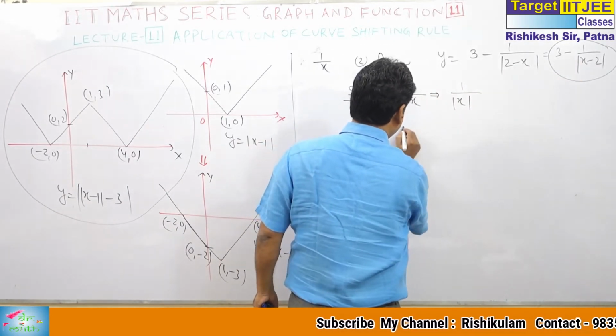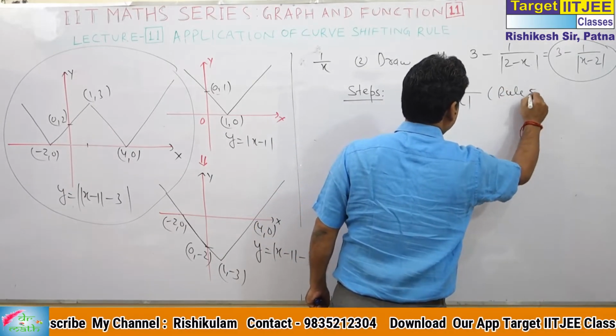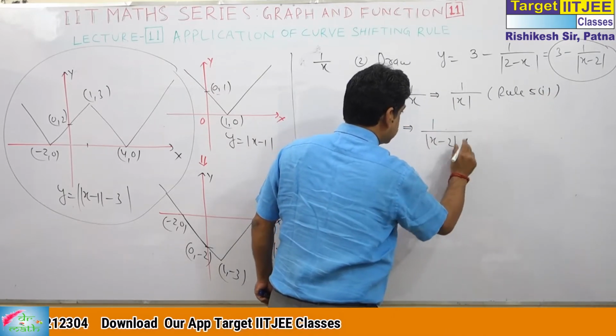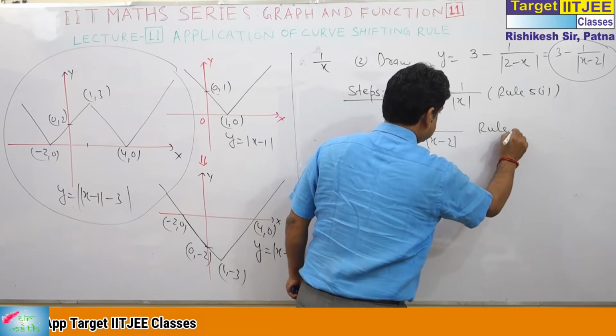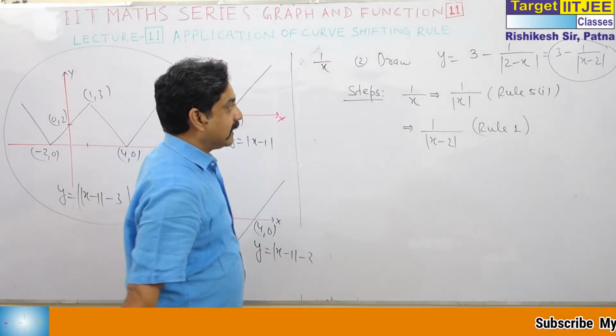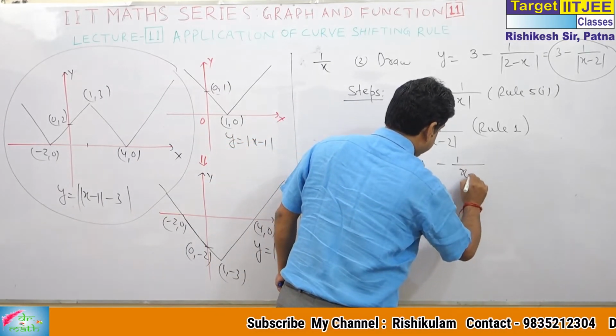After that I will take 1 by mod x, this is by rule 5.1. After that I will take 1 by modulus of x minus 2. This is rule 1: shift 2 units towards the right. After that I will take minus 1 by modulus of x minus 2.